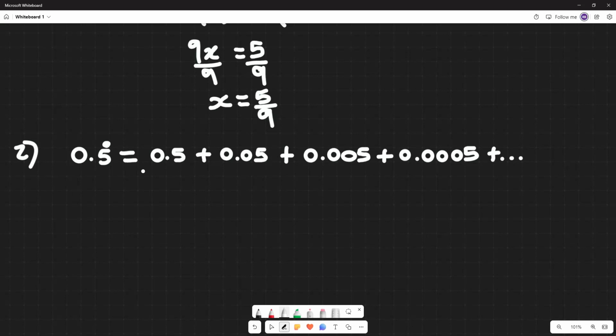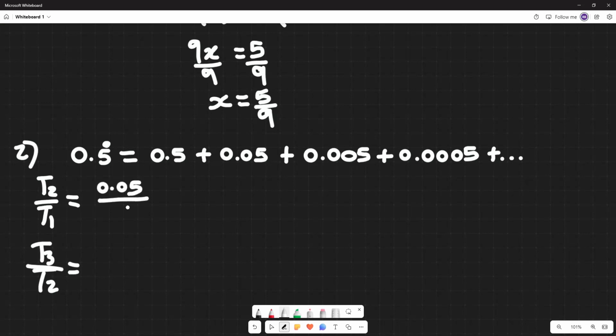And then we can see that it forms a geometric pattern. We can prove it. Let's check T2 over T1 and check T3 over T2. Let's see what we get. Here I have 0.05 over 0.5.